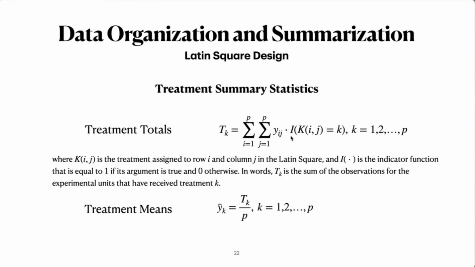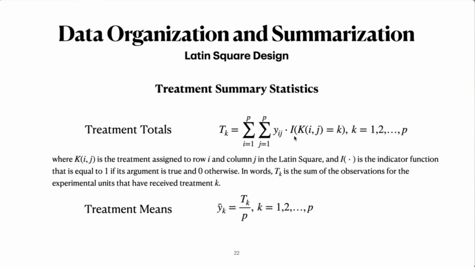As it's defined here, remember this capital K is a function of I and J, the position in the table, row I and column J.